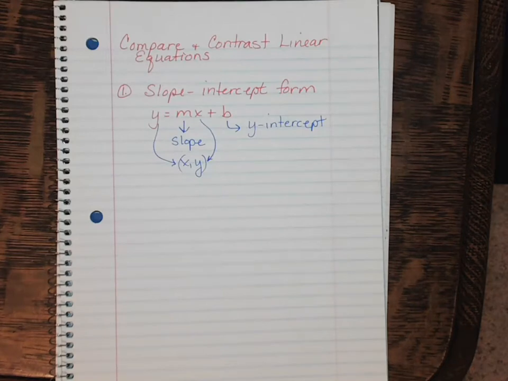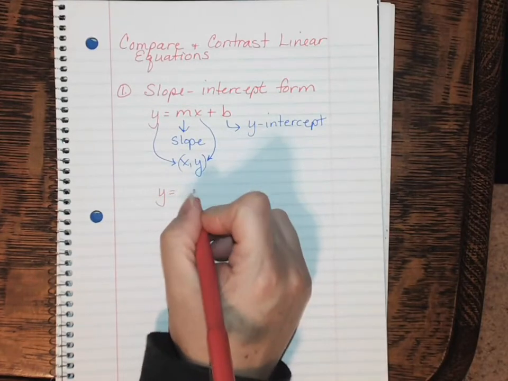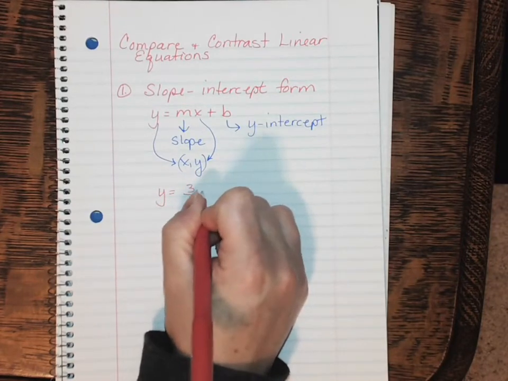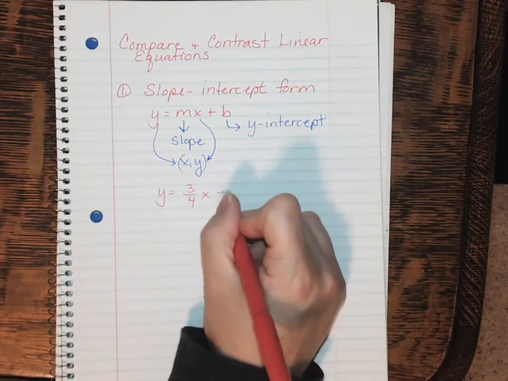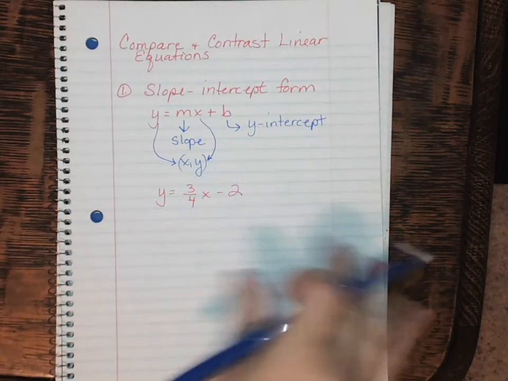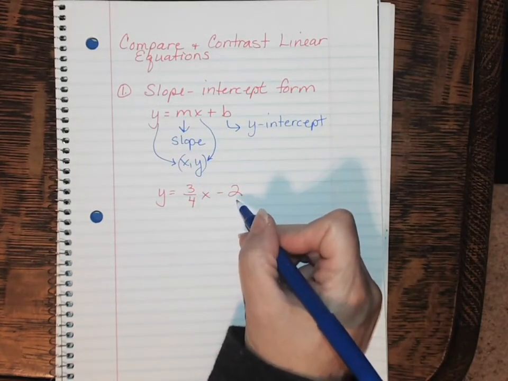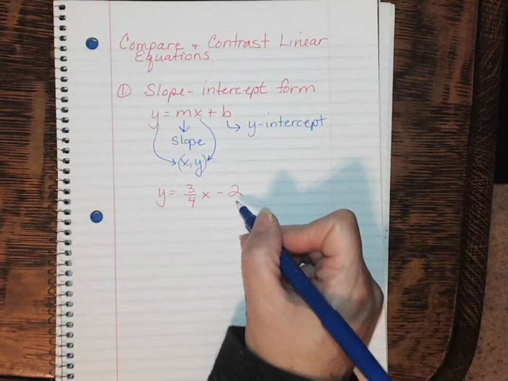So if we were going to try to use this to graph something, for example, if we have this equation, y equals 3/4 x minus 2, we would know that we begin at -2 on the y-axis.